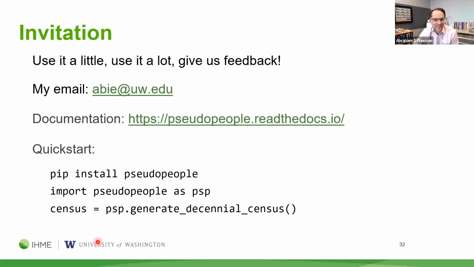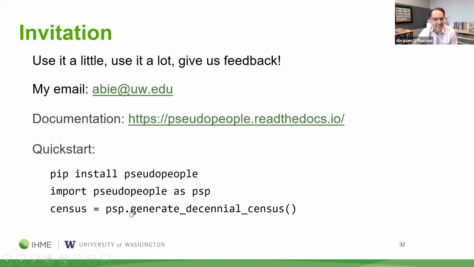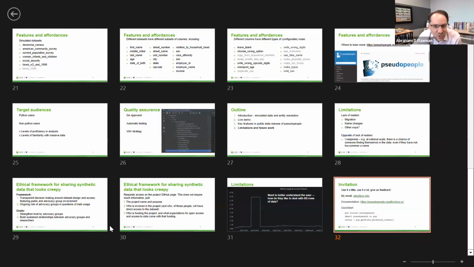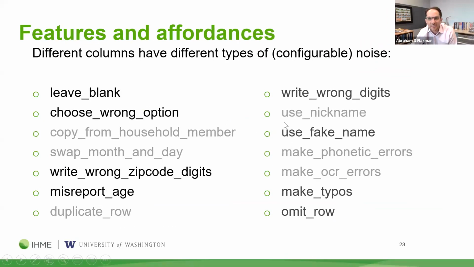Yes, so just the opposite. We want to make it hard by including that duplication so that people who are trying to remove it can test if their method has been successful in removing it. I'm going to circle back to my slide about all of the different types of noise that we've included, because I think there's a term of art that we've made up for this one, duplicate row.